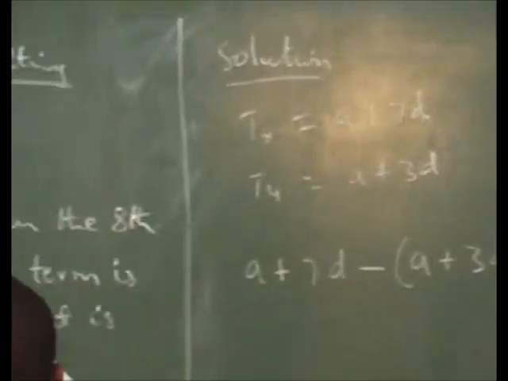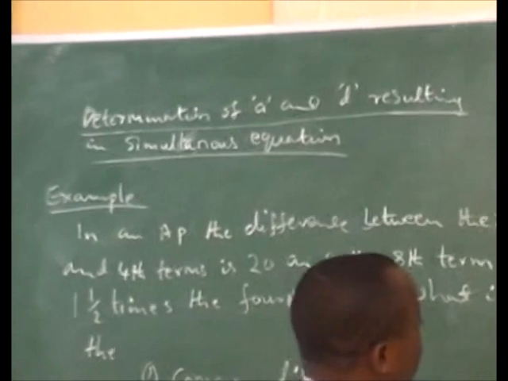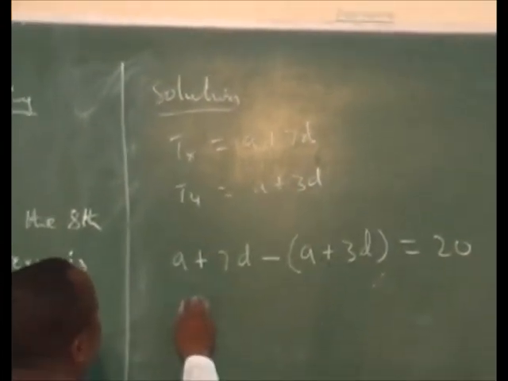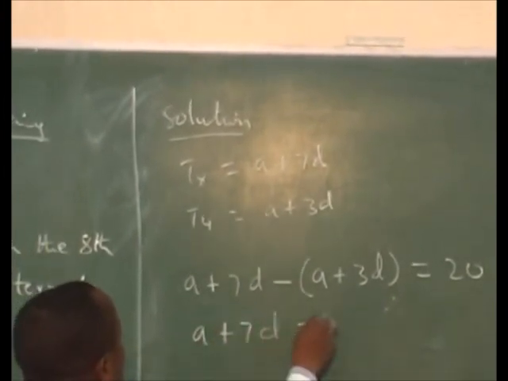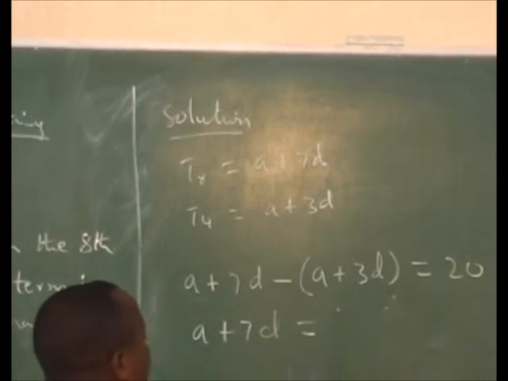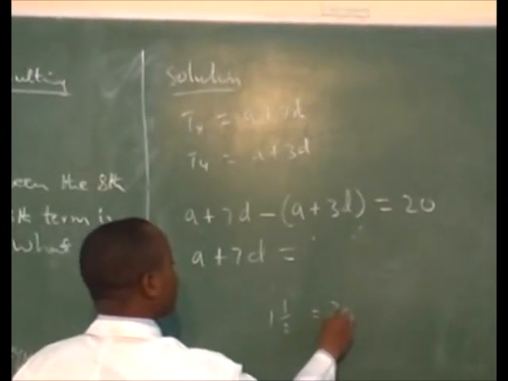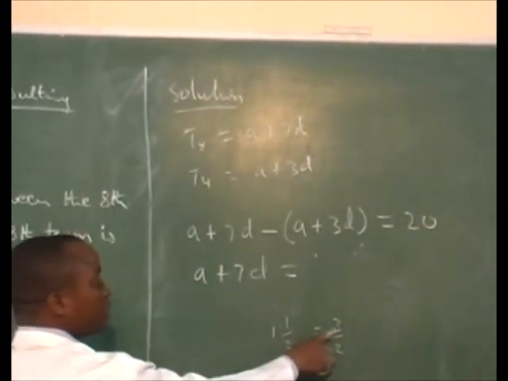And the 8th term is 1.5 times the 4th term. So we also have the 8th term, which is A plus 7D, is equal to 1.5 times. 1.5 times is the same thing as 3 all over 2.